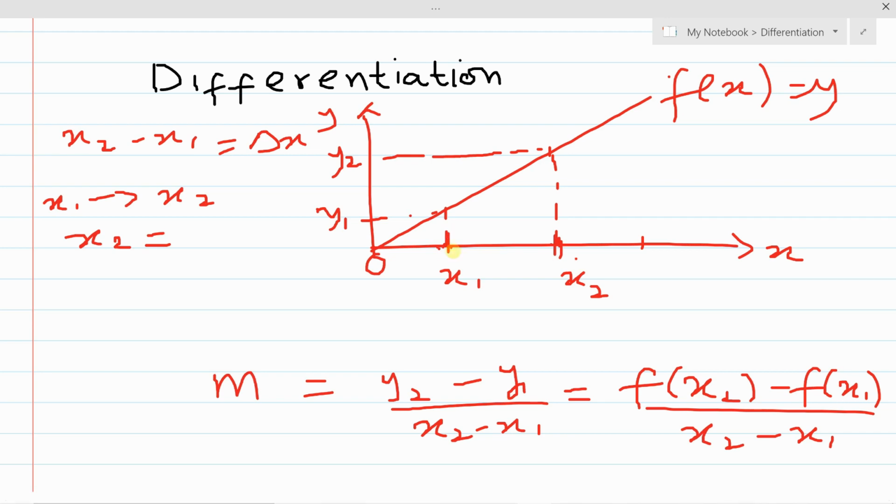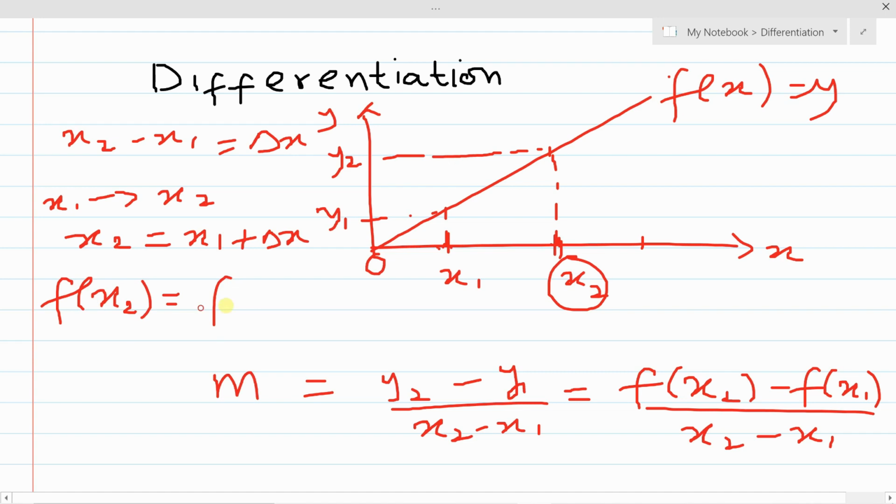So x2 is actually equal to x1 plus some delta x. If that is the case, then f of x2 will be equal to f of x1 plus delta x. I hope this is okay.